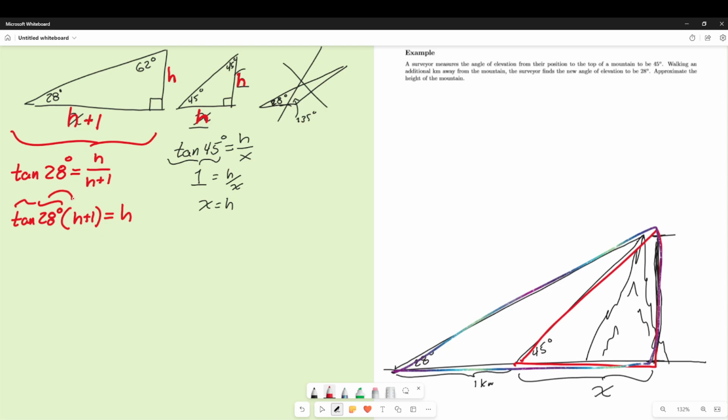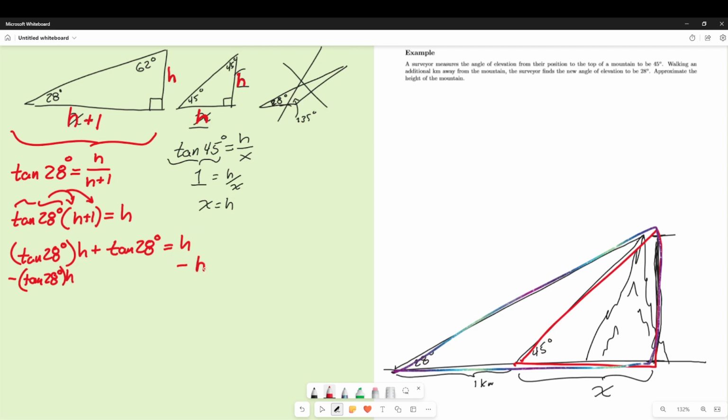So I'm going to distribute it into here. Tangent of 28 degrees times h plus the tangent of 28 degrees times 1, just tangent 28 degrees, equals h. Still trying to solve for h, so I'm going to subtract the tangent of 28 degrees times h from both sides.